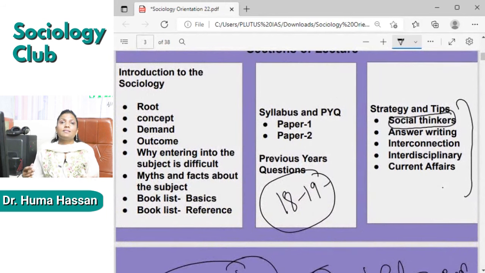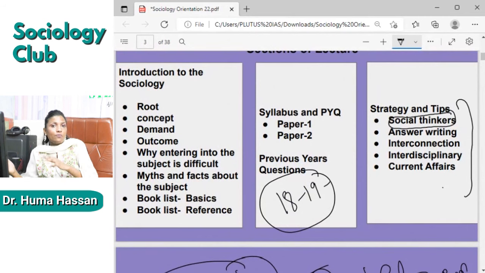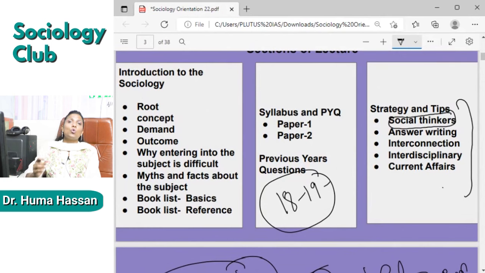As an examiner, I am really interested to know how you have understood these thinkers, their perspectives of understanding society, and how you relate with their thinking. So you need to quote various social thinkers in your answers. That is the best strategy.